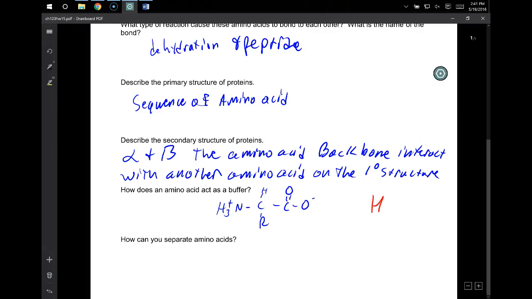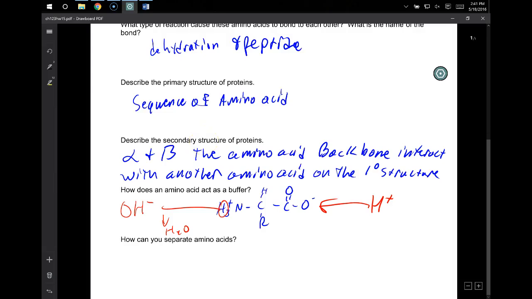If I added a hydrogen to this mix, it would just attach itself there and then it would be removed. And if I added a hydroxide to this, one of these H's would come off and then this thing would form a water molecule. So it manages both acid and base increases.